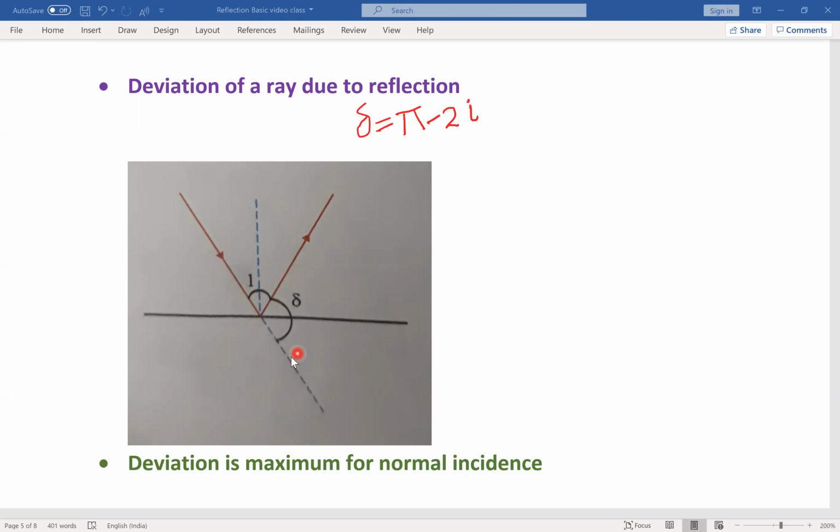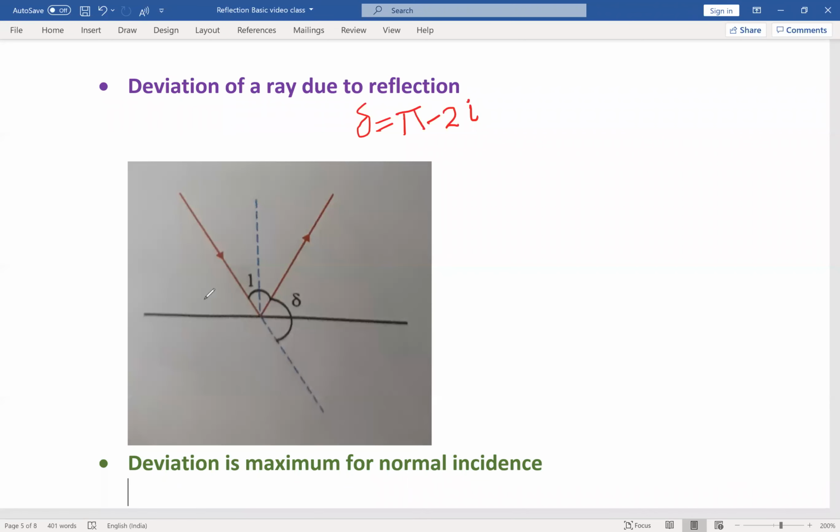We normally call it delta. How do we calculate this angle of deviation? See here in the diagram, this entire angle is equal to 180 degrees or pi radians.